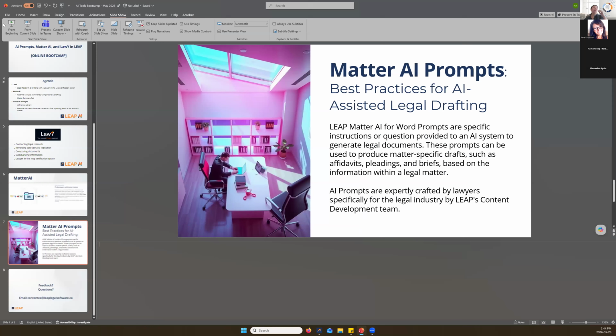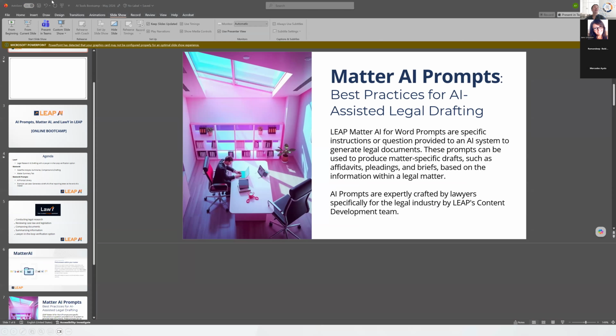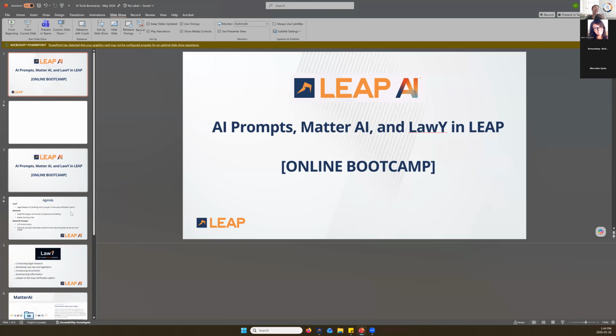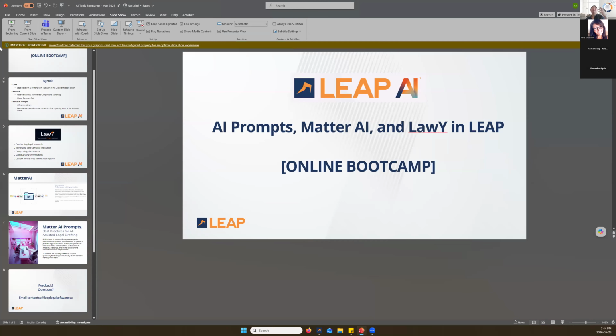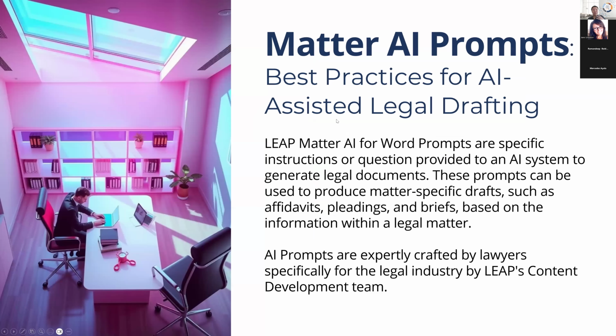As I talk a little bit about what Matter AI prompts is, for those of you who have attended several of our webinars, Matter AI prompts is one of the big things that we talk about. But for those who haven't, Matter AI prompts are prompt precedents that are powered by Matter AI.